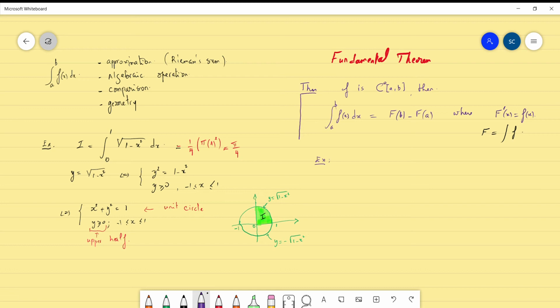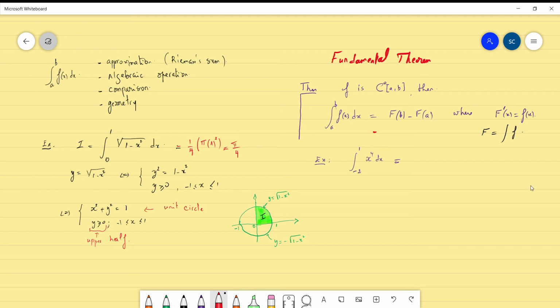So for example, if I need to compute the area under the function x^4, a power function, over the interval -2 to 1, it's easy. I know the antiderivative.